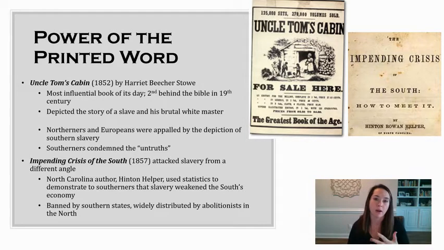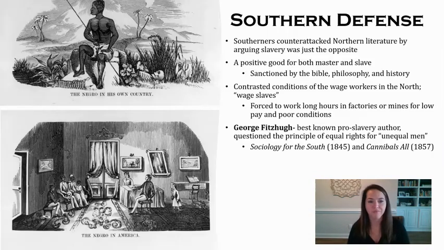And they're going to counterattack that by talking about how slavery is a positive good. It's good for the master and the slave. They reference the Bible. They reference wage labor in the North versus what they provide for their slaves in the South.